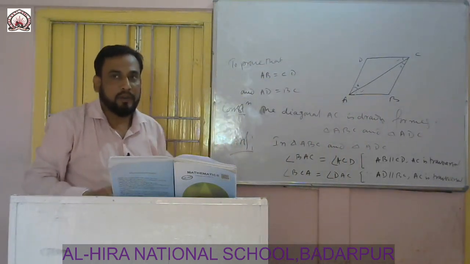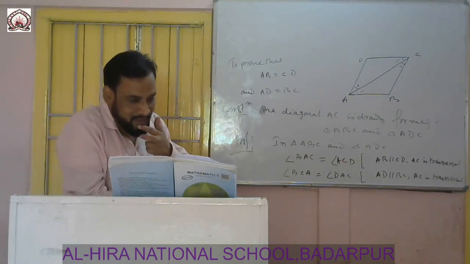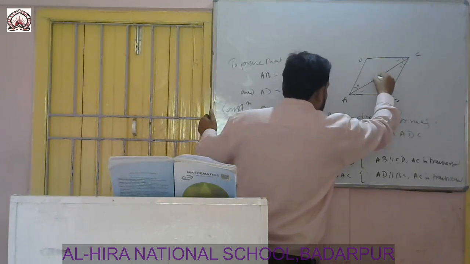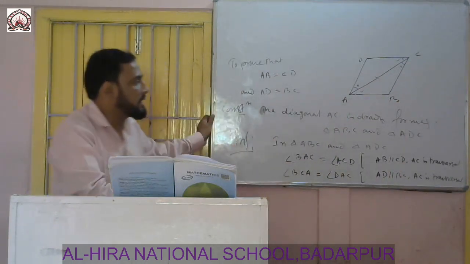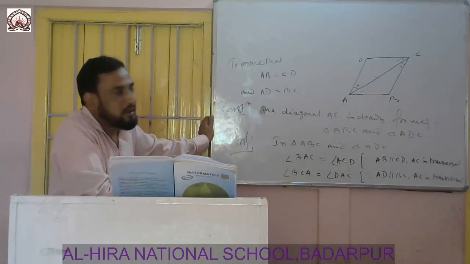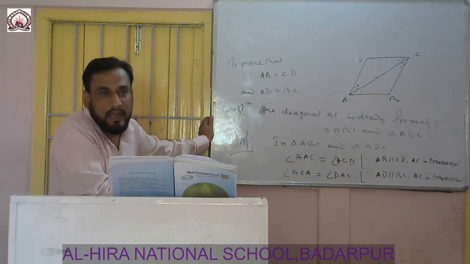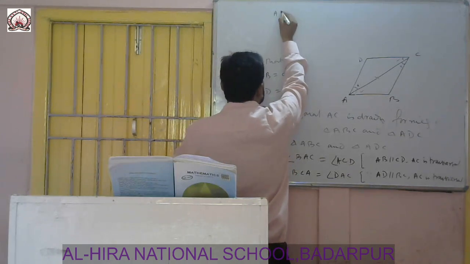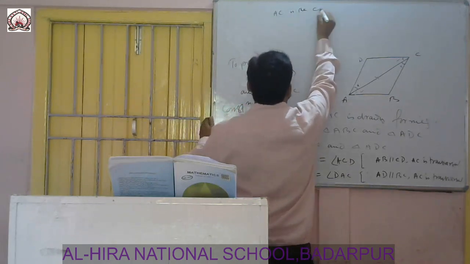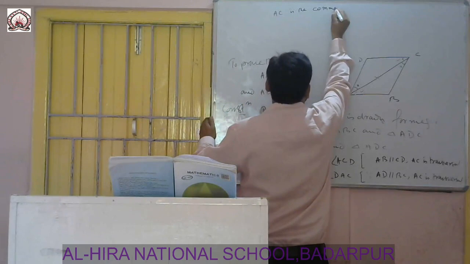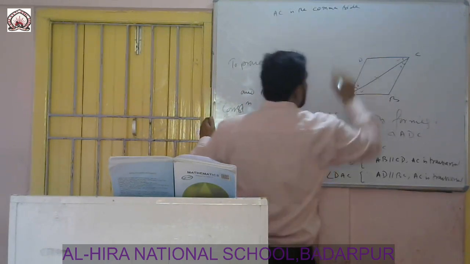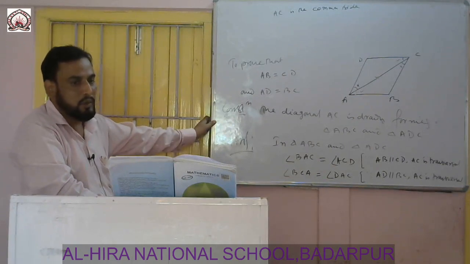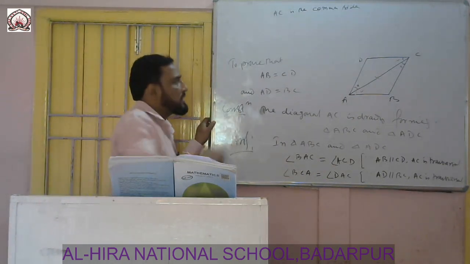Then the third option is this common side. You see, AC is the side of triangle ABC as well as triangle ADC. So AC is the common side. So what are we getting? Which postulate?